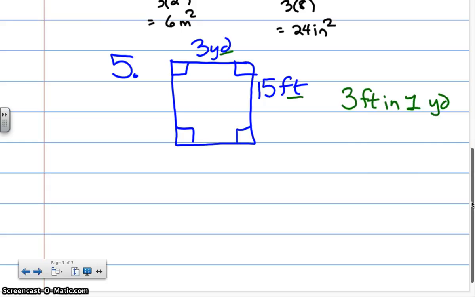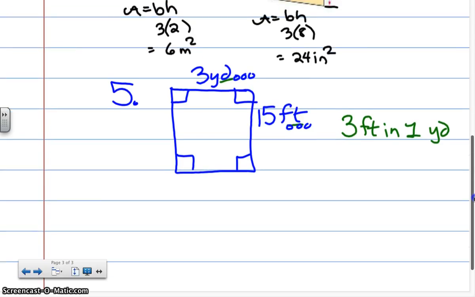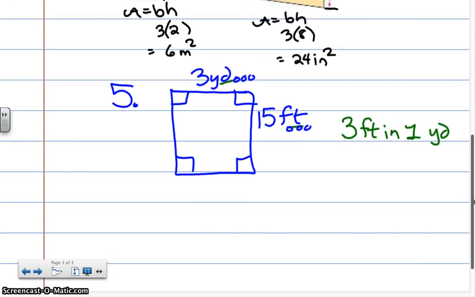So if there are 3 feet in 1 yard, I can either convert my feet to yards by dividing by 3, or convert my yards to feet by multiplying by 3. I usually like to convert from my big to my small because then you usually just have to multiply. So this turns into 3 times 3, which is 9 feet.